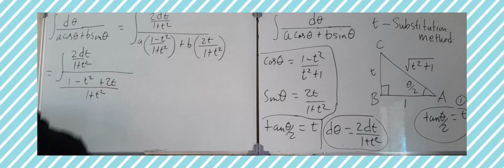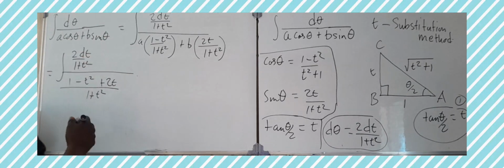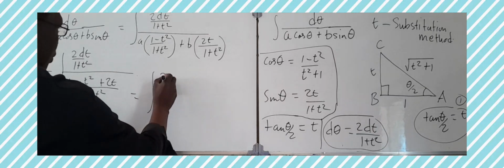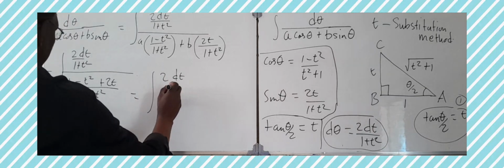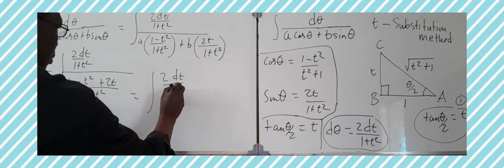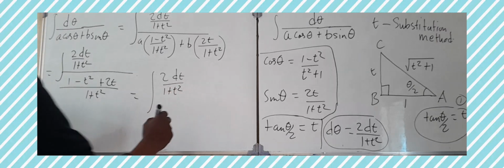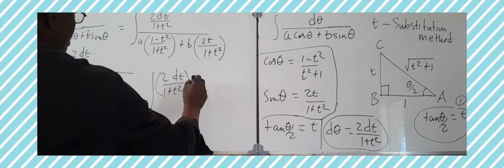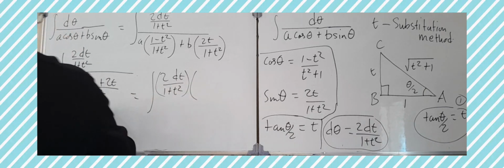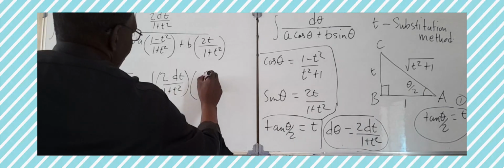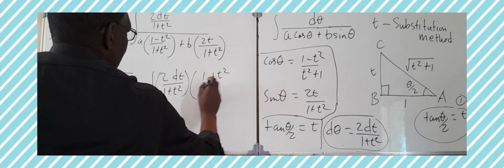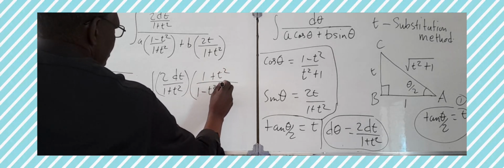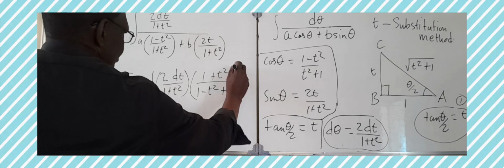Okay, we can flip this upside down and then it becomes the integral of 2 dt over 1 plus t squared multiplied by, this one comes on top, 1 plus t squared divided by 1 minus t squared plus 2t.